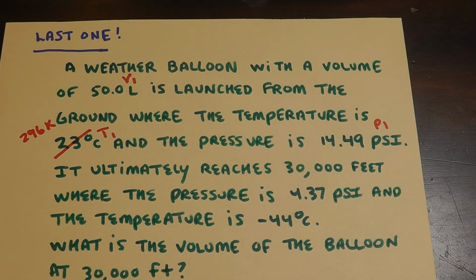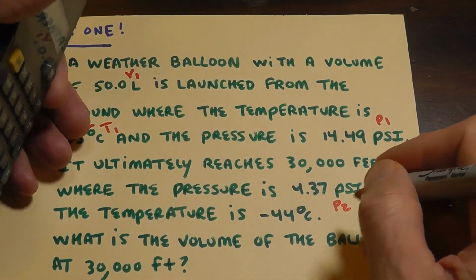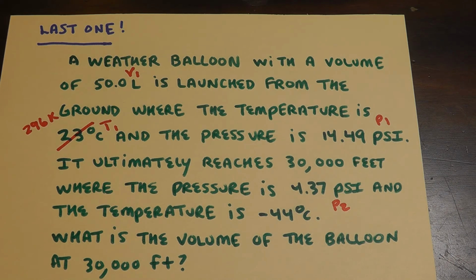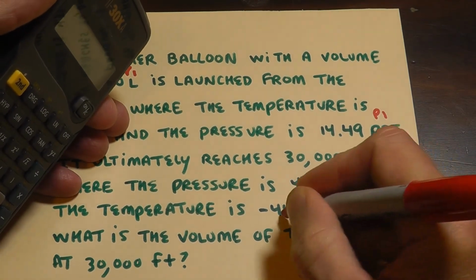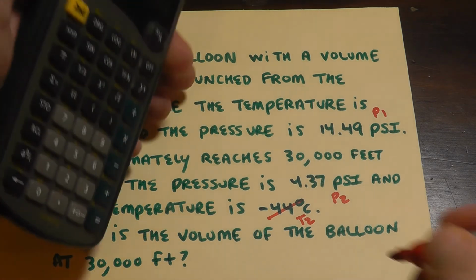So up at 30,000 feet, though, the pressure is way lower, P2. The temperature is way lower. I looked these numbers up. Negative 44 degrees. We're going to call it T2, but I'm going to get rid of Celsius so you don't get suckered into that. 273 minus 44 is 229.